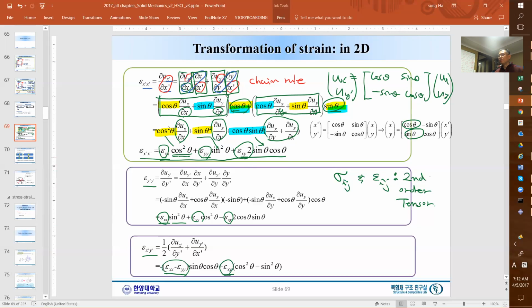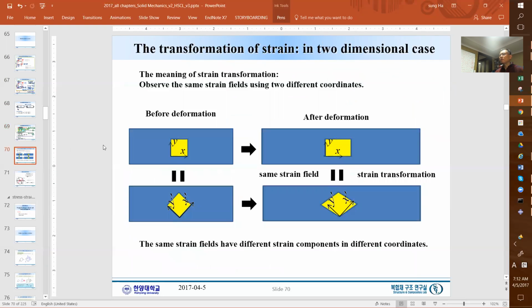The conclusion is that as long as they are the same order of tensor, their transformation rules are the same, as in stress and strain. Okay, well, again, these are all mathematical expressions, but we need to clearly understand what strain transformation means.